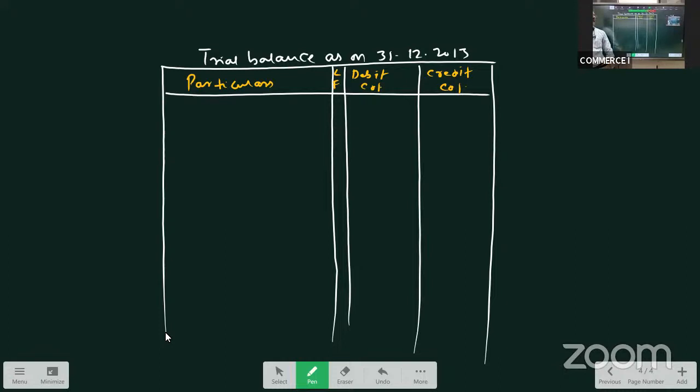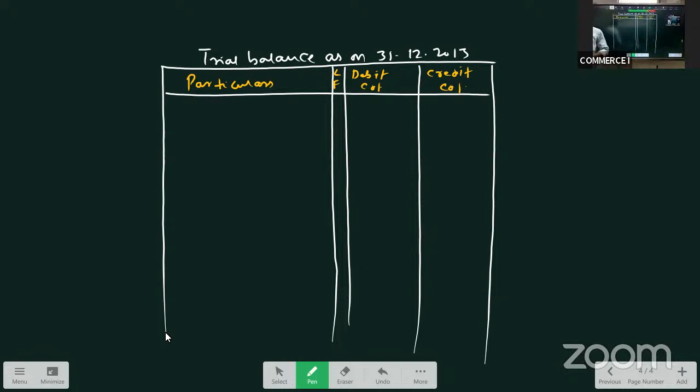Purchases are an expense, placed in the debit column. Sales are an income, placed in the credit column. Sales returns or purchase returns are non-cash transactions. Sales, I said, are an income, placed in the credit column. So sales return is the opposite activity of sale. Place it in the debit column.